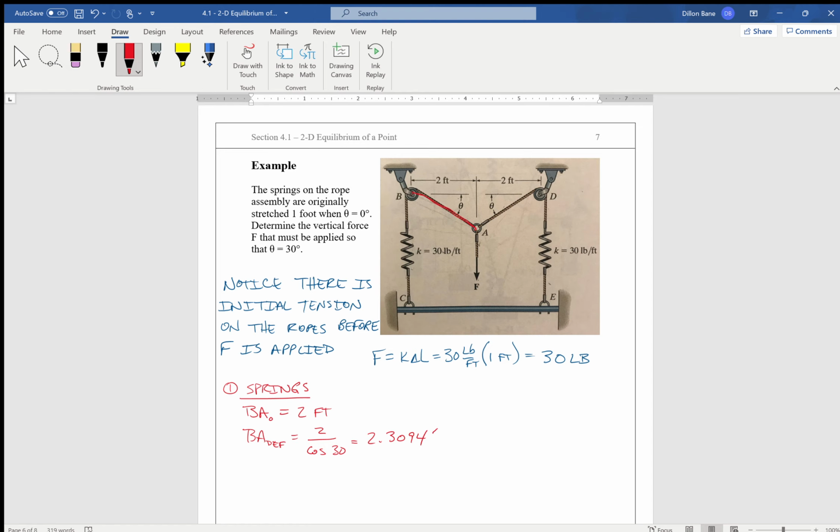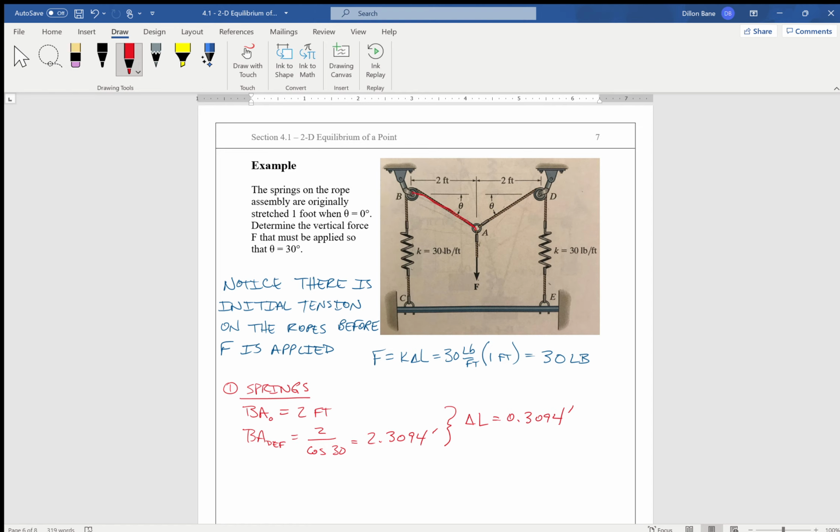So from this, we just deduced that the rope has to extend by 0.3094, which means that's how much the spring has to extend as well.